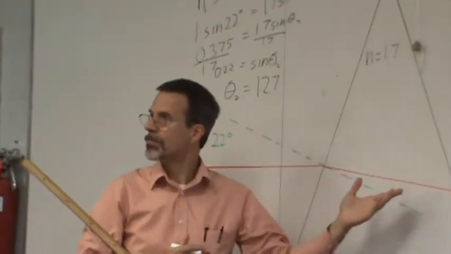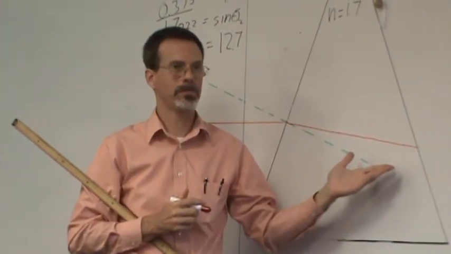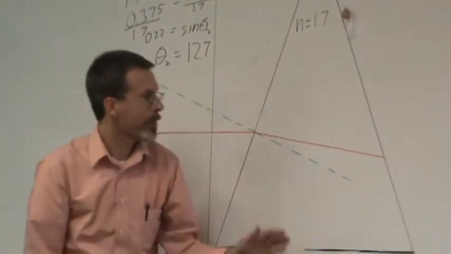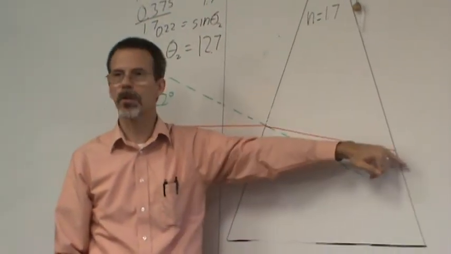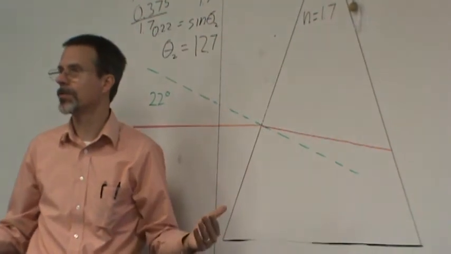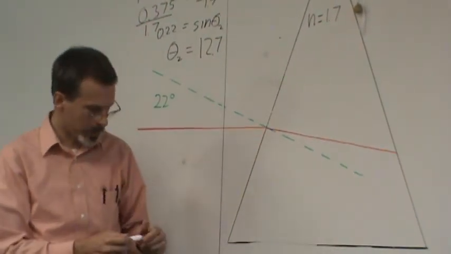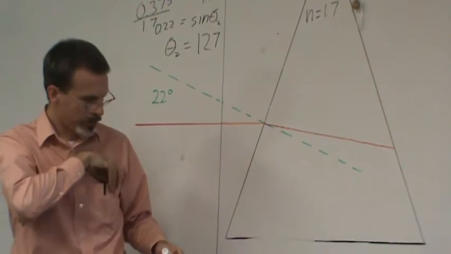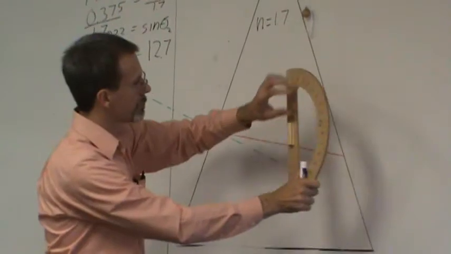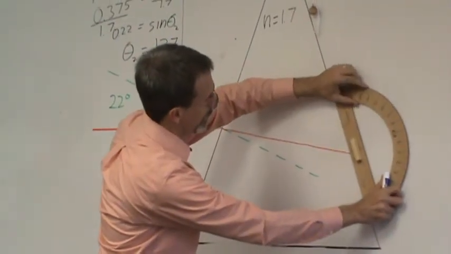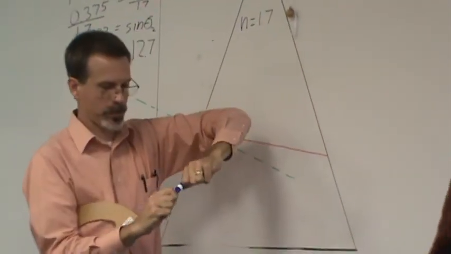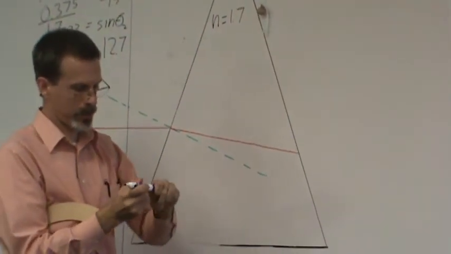Now what happens? We need another interface, don't we? Well, as it passes through this surface, once again, light's going to bend. But this time, it's going to bend in what direction? Away from the perpendicular. So we want to figure out what that perpendicular is. Let me lay this up here. First, let me get the cap off this marker.